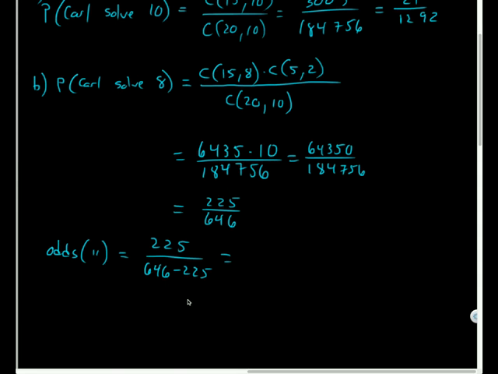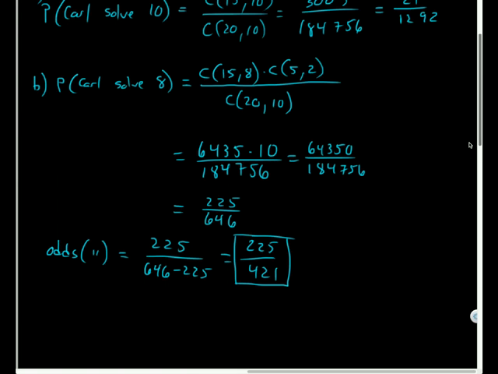So 646 minus 225 is 421. And does that reduce? I don't believe so. No. So that is the odds of him getting exactly 8 right.